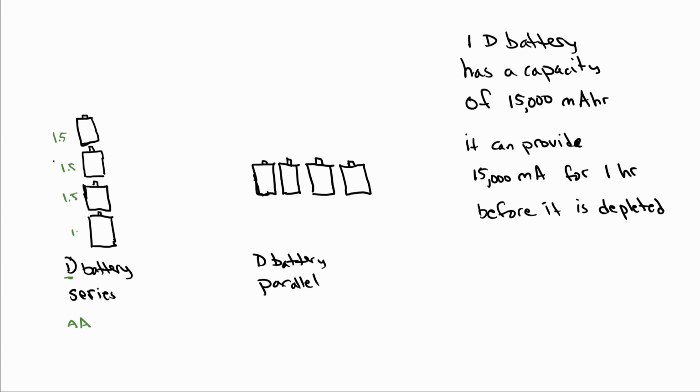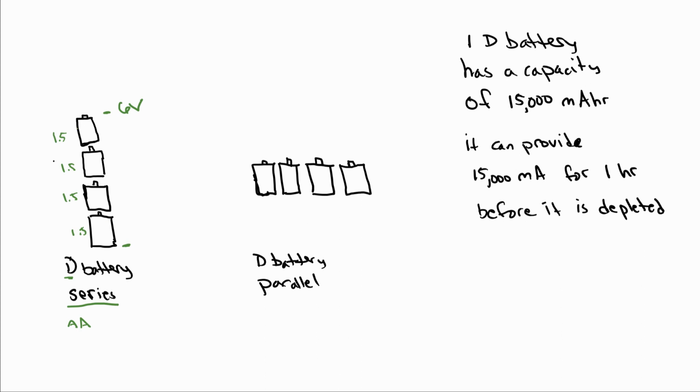If we put them in series, one after the other, the voltages add. So the net voltage measured from here to here, again, always voltages across things, would be 3. So this would be 6 volts. If you had a motor in your electronic device that needed 6 volts to run, then you could put the D batteries in series.